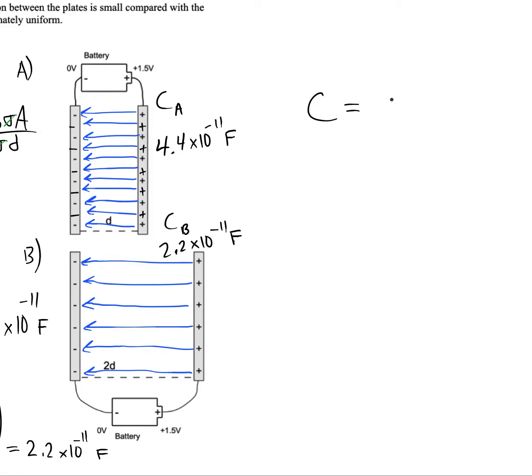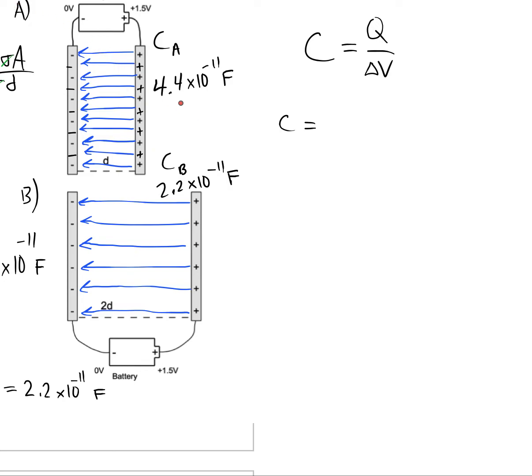Now, just for the sake of confirming what we had said, let's calculate the capacitances the other way as well. All right, we had said earlier that the charge on A was 6.64 times 10 to the minus 11 coulombs. And we said that the charge on B was 3.32 times 10 to the minus 11 coulombs. So now I'd like to use the other formula for capacitance, and let's see if it holds.